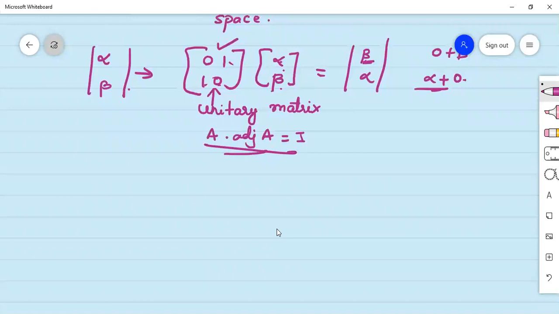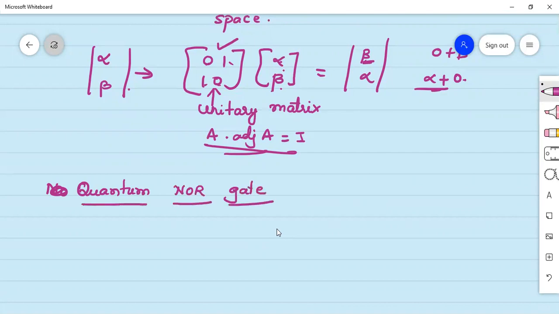Next let us see the NOR gate, the quantum NOR gate. How can we represent a quantum NOR gate? We can represent it as A, B going to A comma B XOR A. This is how we can represent a quantum NOR gate.